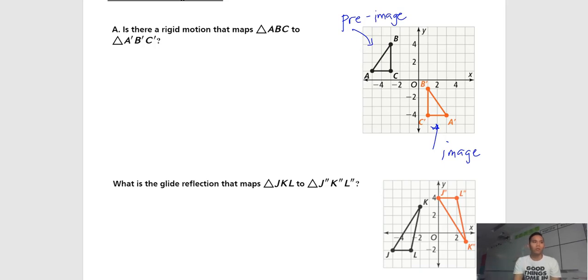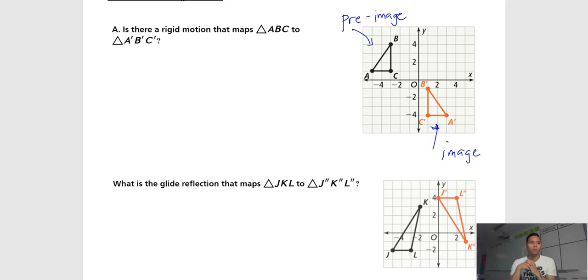But if we check whether it is a rotation, we are now applying our skills on translation, reflection, and rotation, because this is a composition of transformation. When we check rotation here, the orientation of the triangle is not preserved. The rigid motion is not rotation.